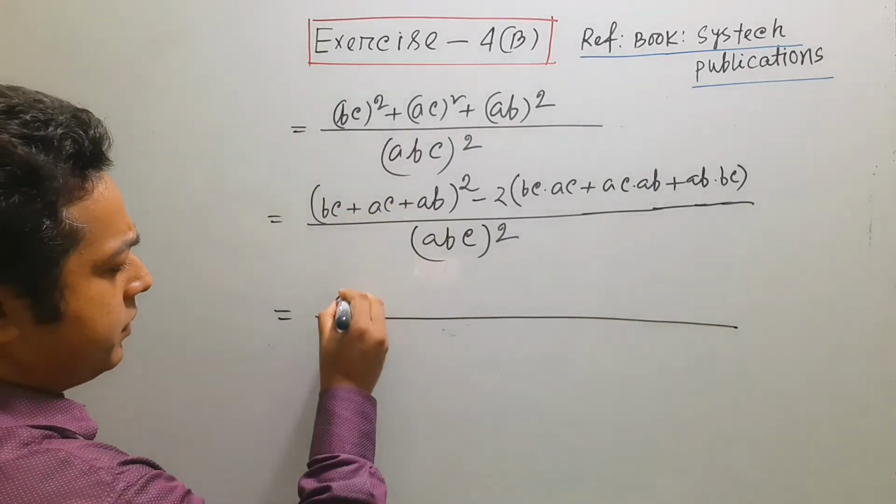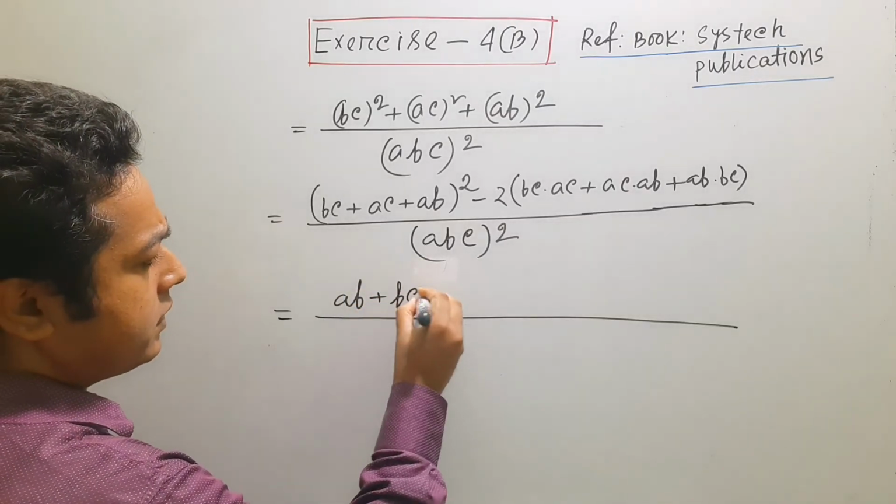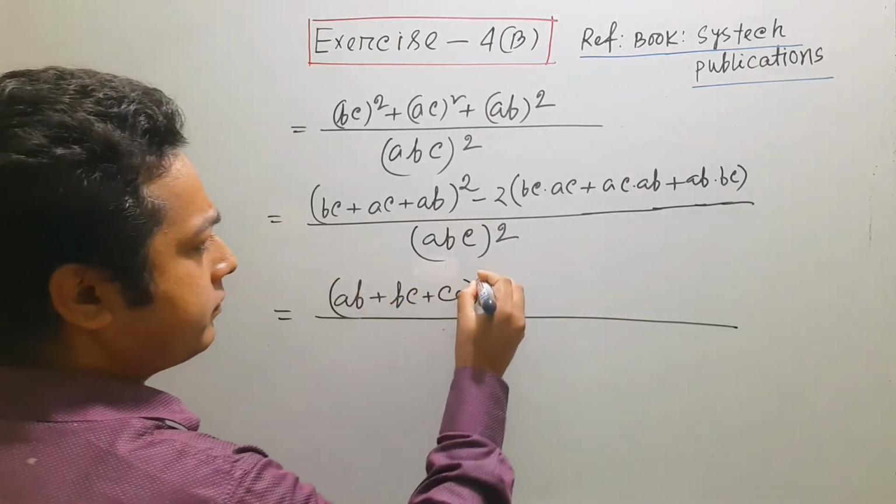We can write it as ab, bc, ca whole square.